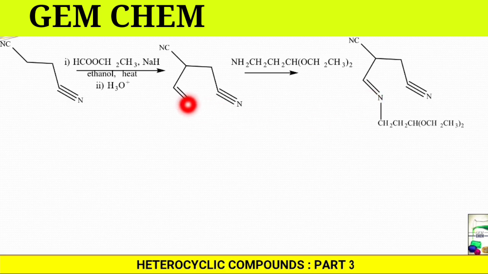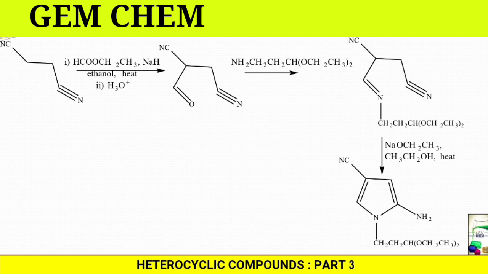Once we add, this gets added up in this portion with nitrogen, and now finally when we add NaOCH2CH3 and ethanol and heat it, these two fuse together and this becomes NH2. So we have obtained our substrate, and from the substrate we have obtained our product.